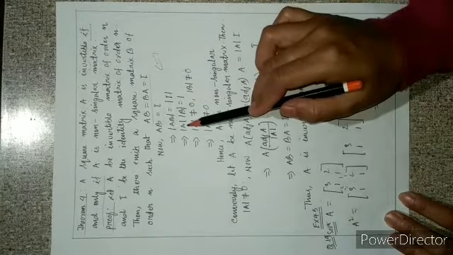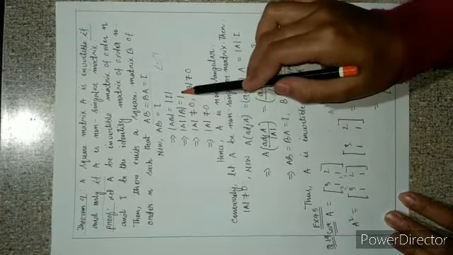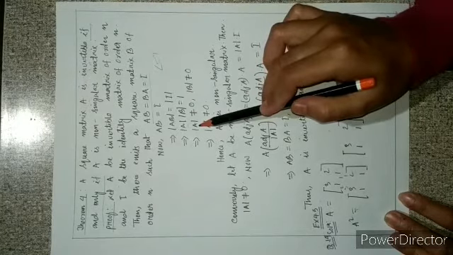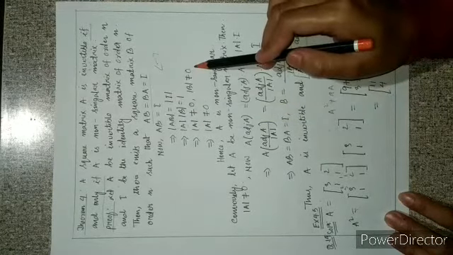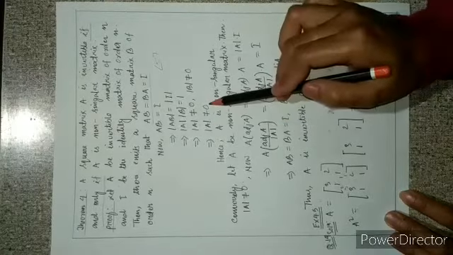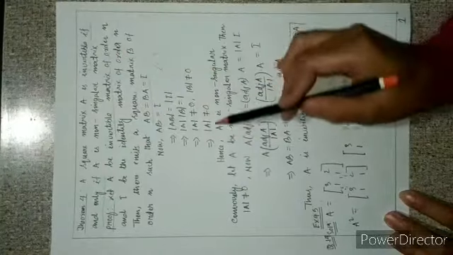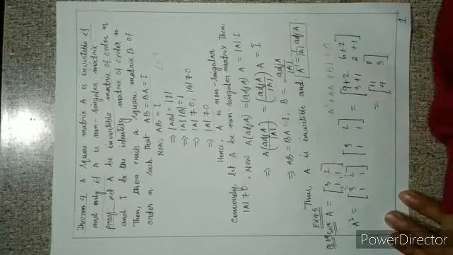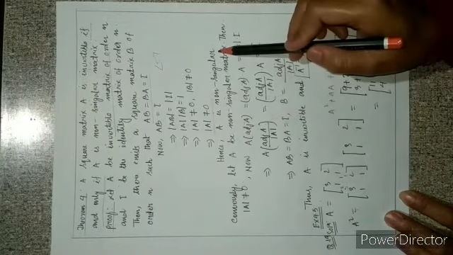Since determinant of A is a real number, determinant of B is a real number and their product is equal to 1, which implies that determinant of A is not equal to 0 and determinant of B is not equal to 0. Hence determinant of A is not equal to 0, and hence A is a non-singular matrix.